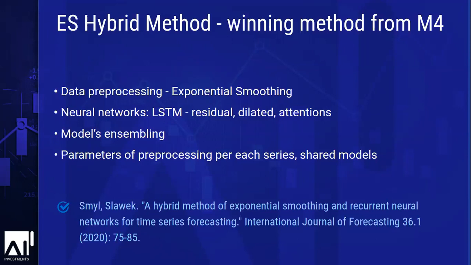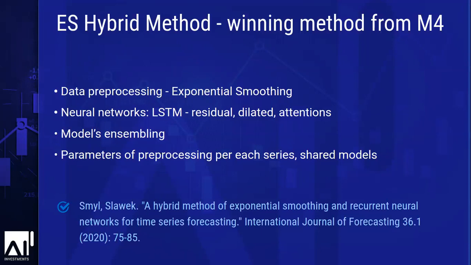The second innovation is to use LSTM, but not just a simple LSTM neural network, but residual, dilated and with attention. It was the first well-known usage of these residual dilated LSTMs with attention for time series forecasting. And there is also a very novel approach to model ensembling.